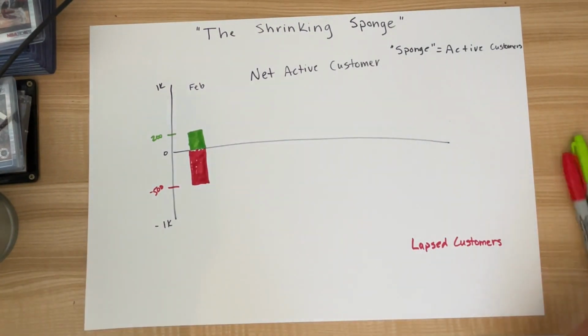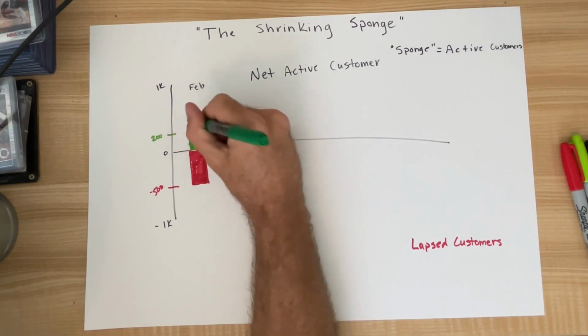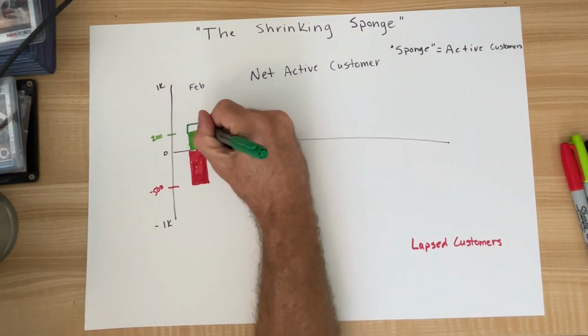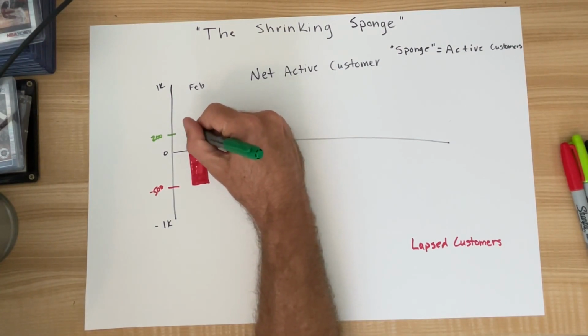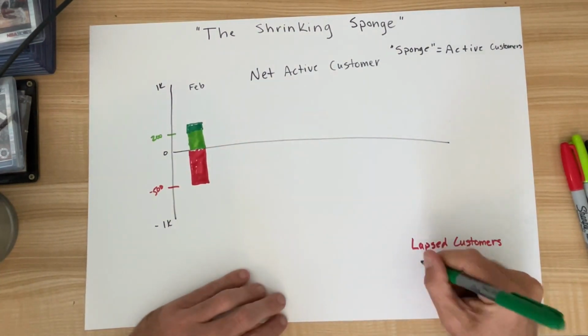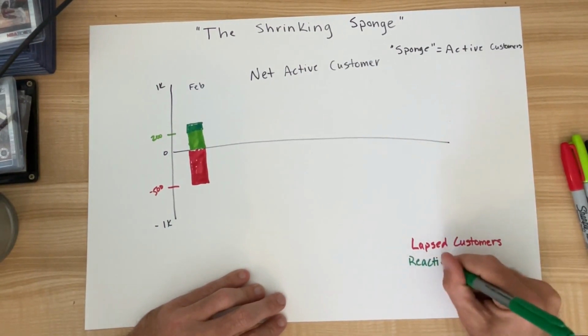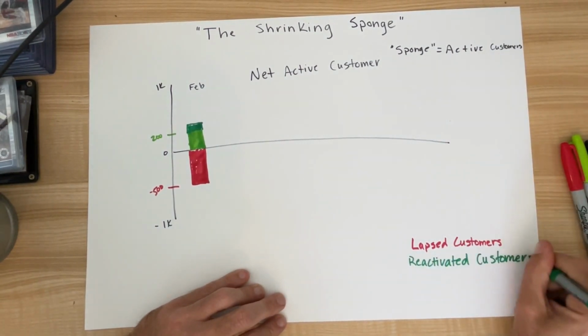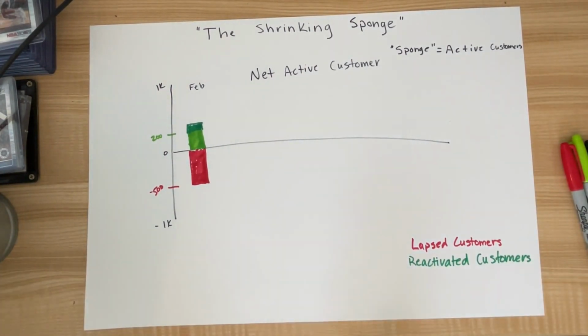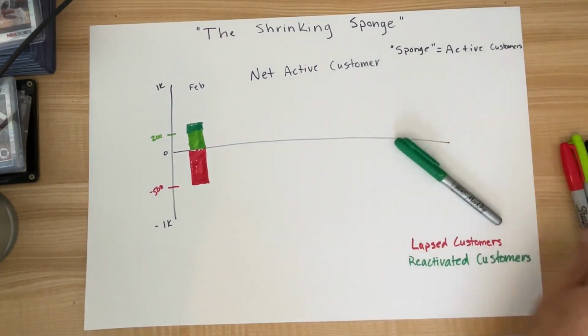Then, secondarily, we also have what we'll refer to as reactivated customers. These are customers that were in the lapsed section of your business, but now have moved back to an active status. Reactivated customers. That's category number 2. Category 3 is obviously our sponge.